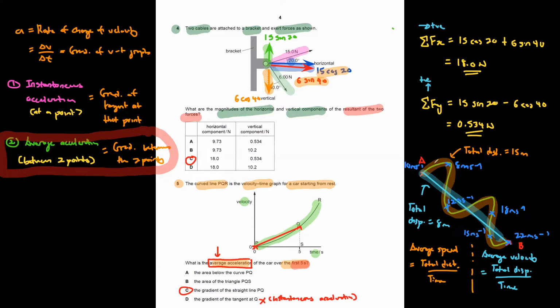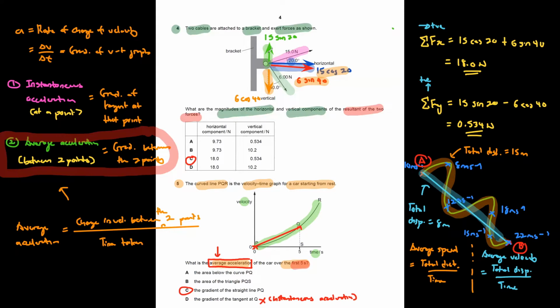So in my case here, I have something that still follows the same path, but the velocity keeps changing also along the path. So if I'm interested to find out the average acceleration between A and B, it is somewhat similar to what I've just defined here. My average acceleration here will actually just be the change in velocity between the 2 points divided by your time taken.